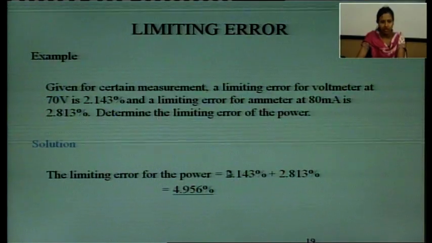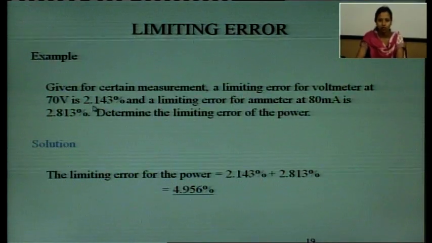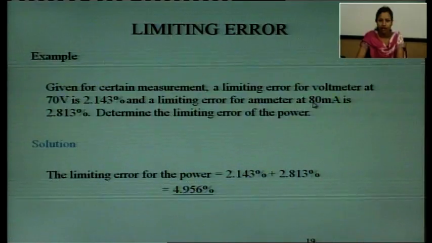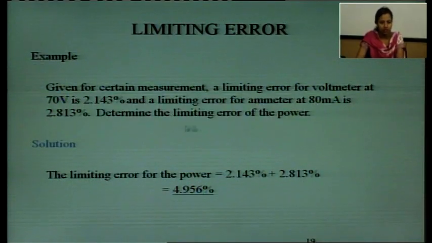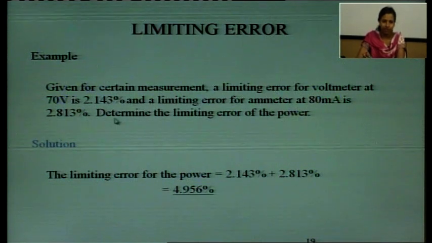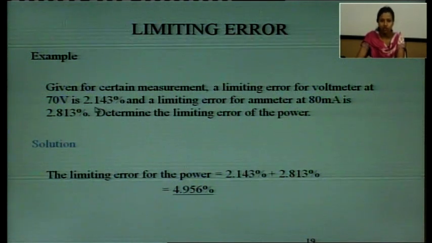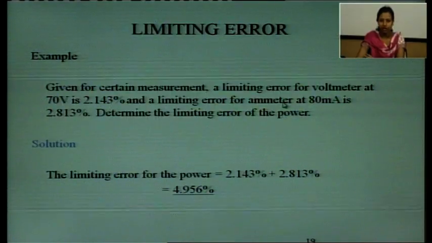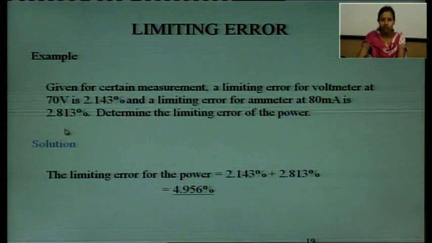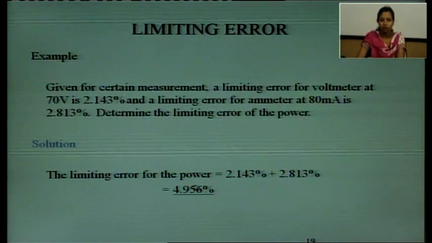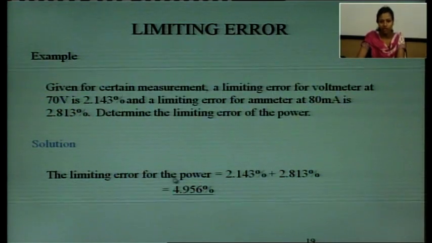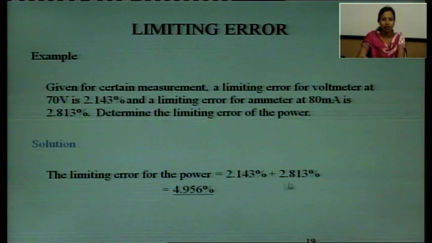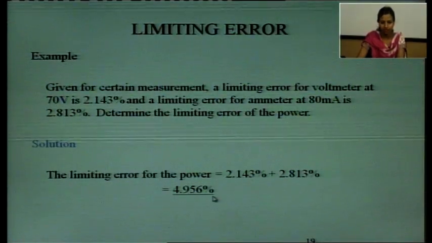We know power is equal to VI, where voltage is 70 volt and current is 80 milliampere. So the error is simply the sum of these two errors. The error in the voltmeter is 2.143 and the limiting error in the ammeter is 2.813. So the total error in the power is simply the sum of these two errors, which gives us 4.956%.